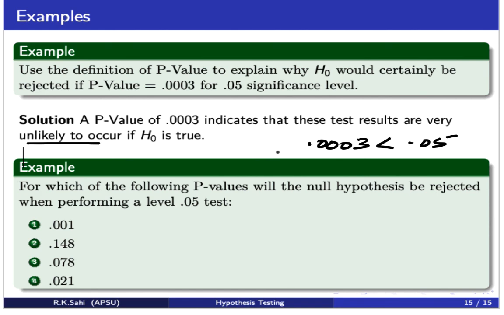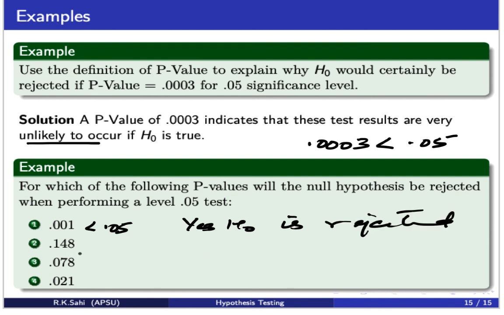Okay, so last example. For which of the p-values will the null hypothesis be rejected when performing a level 0.05 test? Clearly, 0.001 is less than 0.05. That means yes, the null hypothesis is rejected.